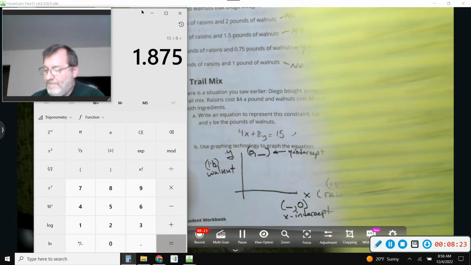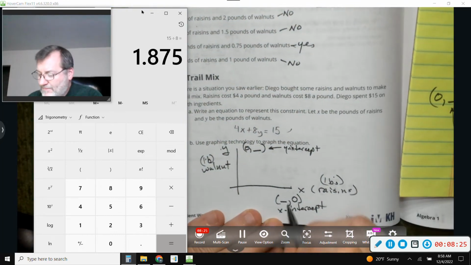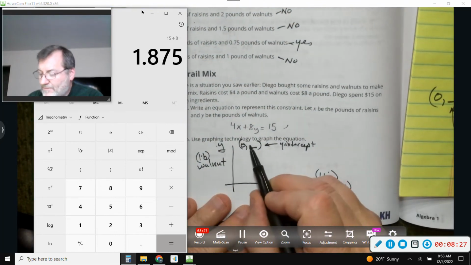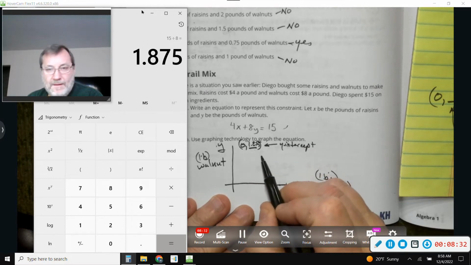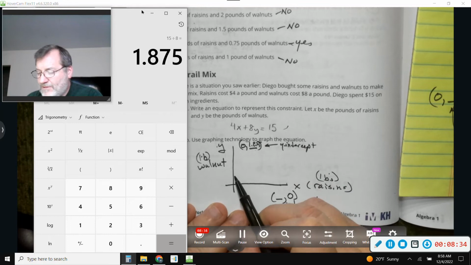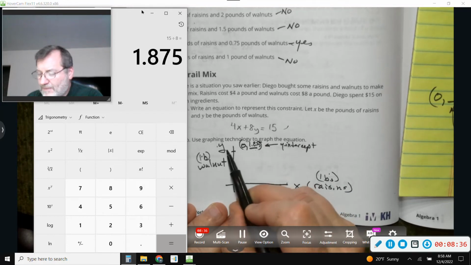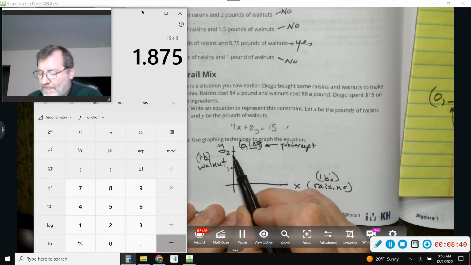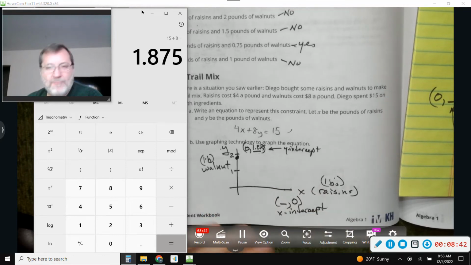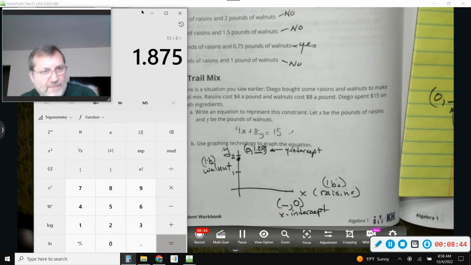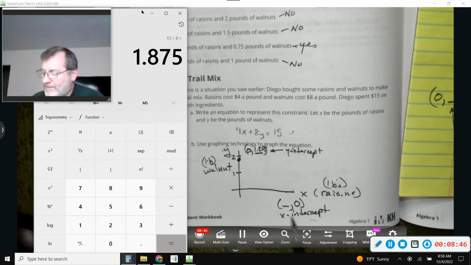So this y-intercept right here is going to be 1.875, and that's a fairly shallow number. So I'll say that this is like the number 2 up here, and that makes that about a 1. And so that's about where my point's at. That's about a 1.875.